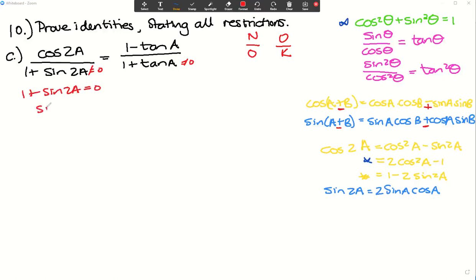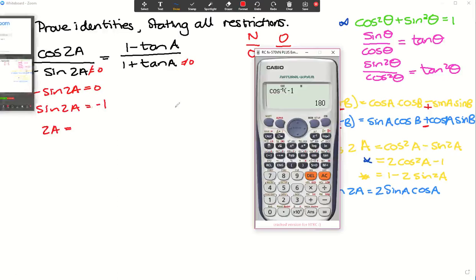Take the 1 across, you end up having sine 2a is equal to minus 1. And then you end up doing your general solution. So you end up having 2a is equal to, and our angle for shift sine minus 1, minus 90 degrees.